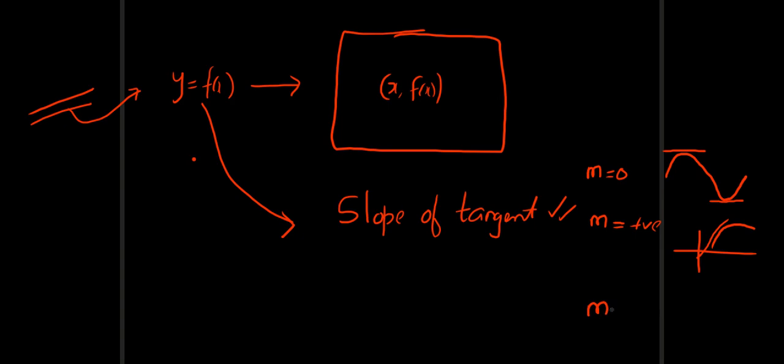And if the slope is negative, then we can understand the tangent is at the decreasing part of the graph. And if the slope tends to infinity, we can understand the tangent is parallel to the y-axis.